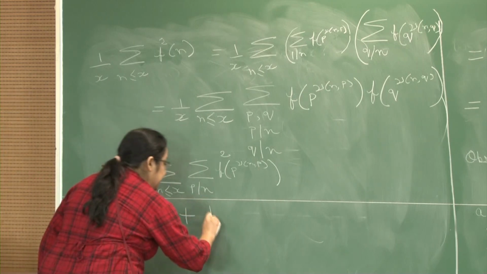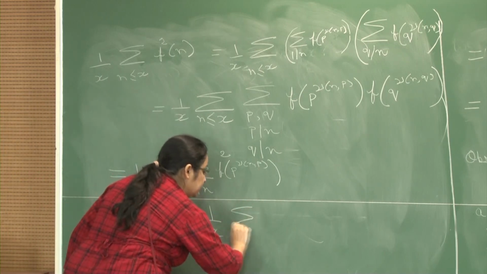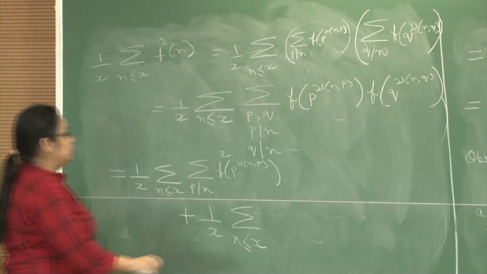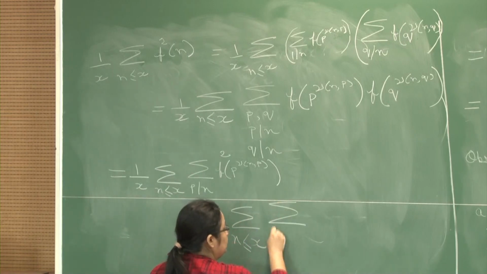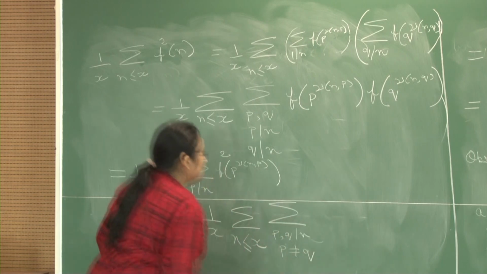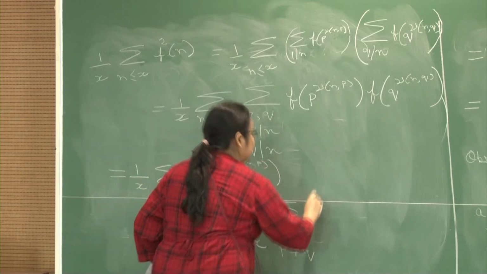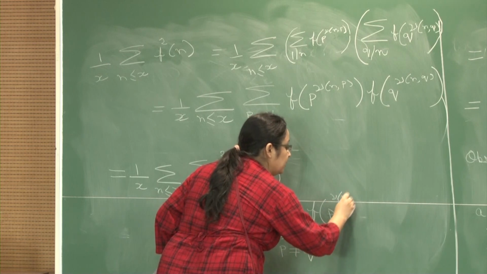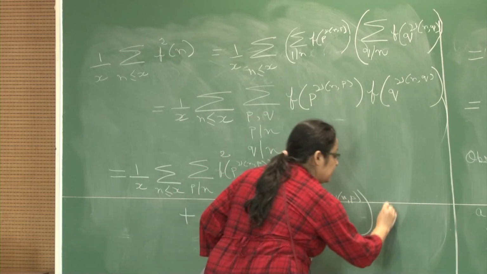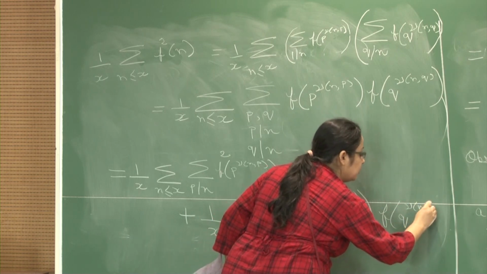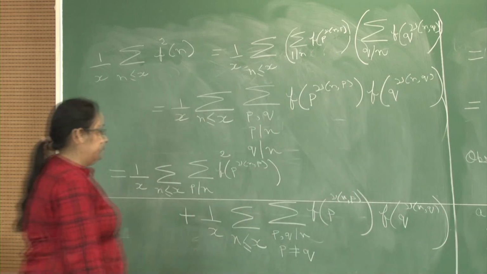Okay. And the other term is more interesting. So, 1 by x, summation n up to x. Okay. So, p not equal to q, we have f of p raised to the mu of n comma p, times f of q raised to the mu of n comma q.